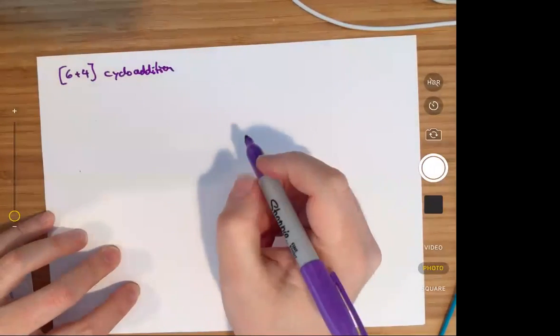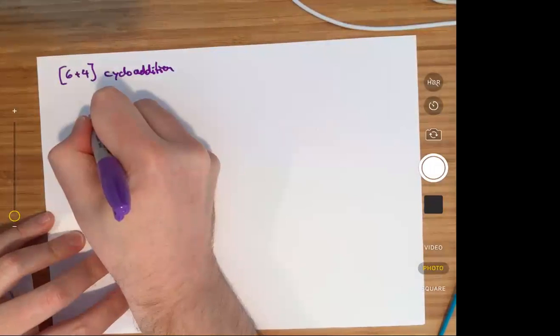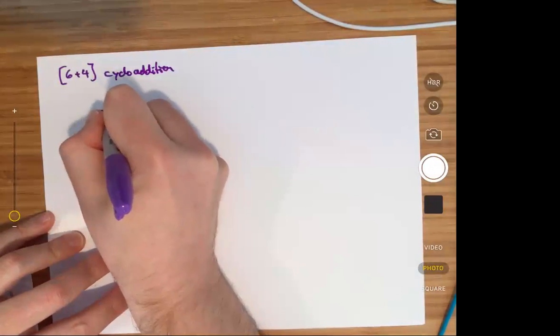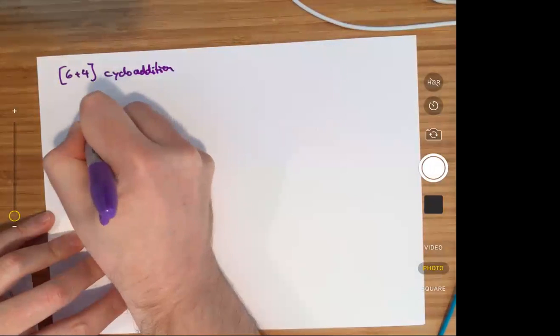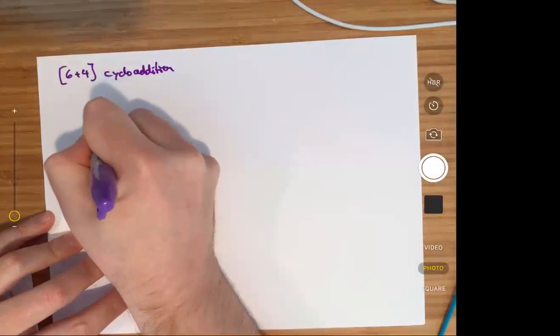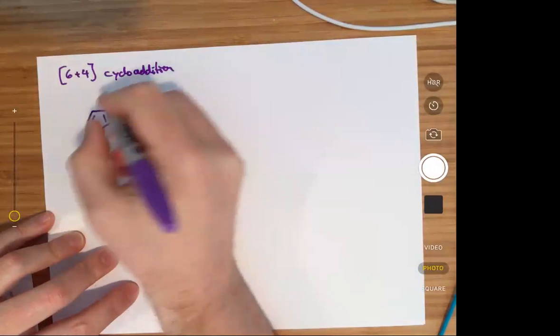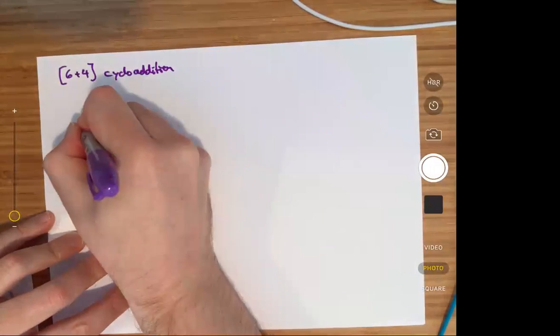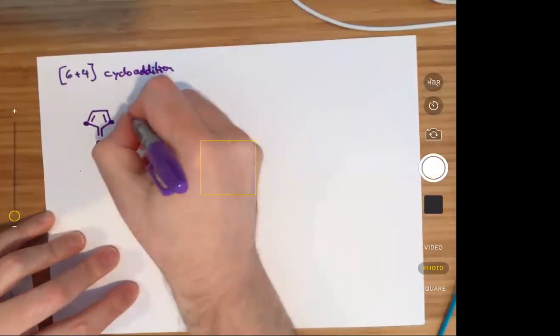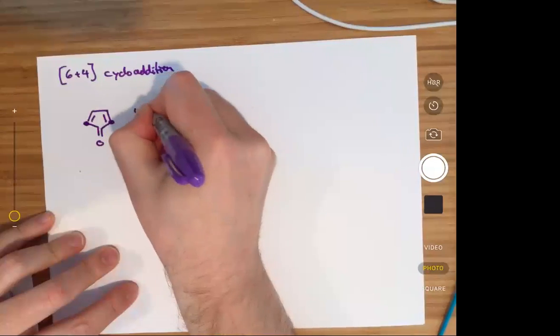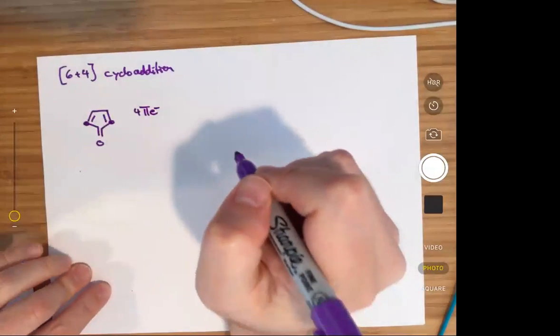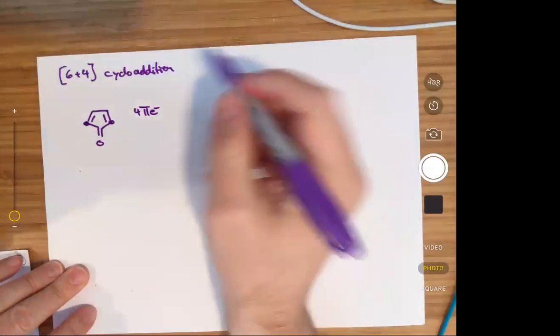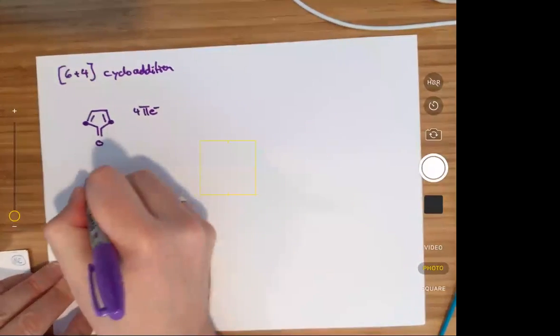And in this case, we have, again, an intermolecular species. So we have a component that has 4 pi electrons. So these are basically the ends of the pi system that will be reacting. So this is 4 pi electrons. And then as the partner component, we have something that has 6 pi electrons.